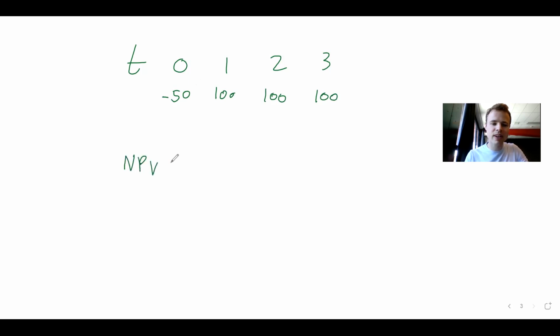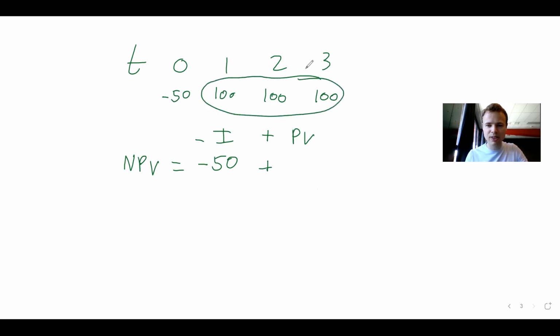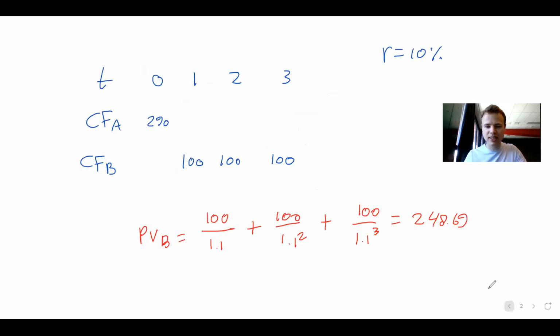And then the question is calculate the net present value. What you do is you do 50, that's the investment, so minus the investment, plus the present value. And we already calculated the present value for those three. We saw in the previous example that it was 248.69.